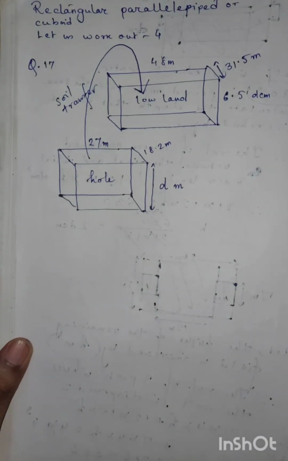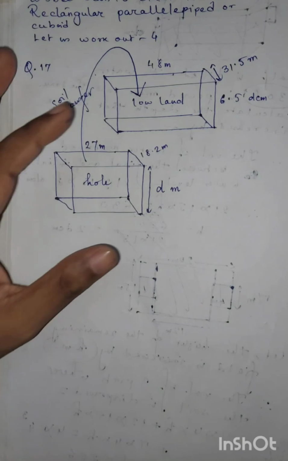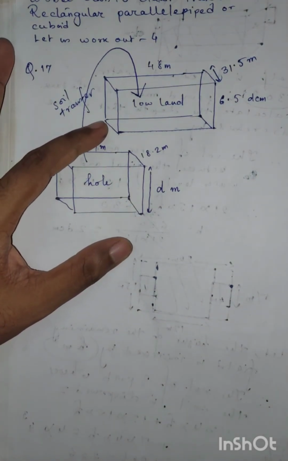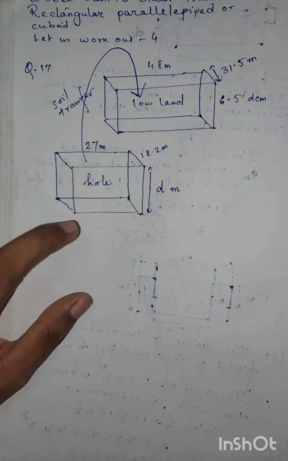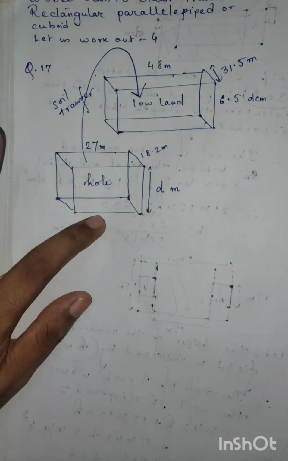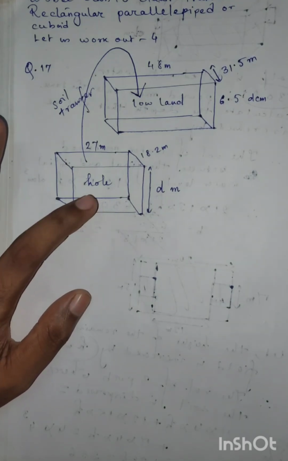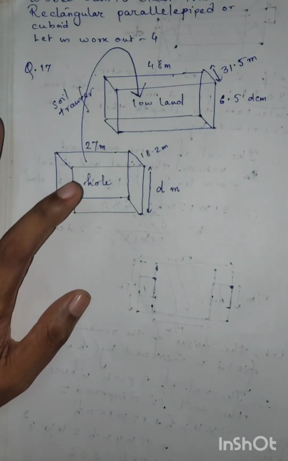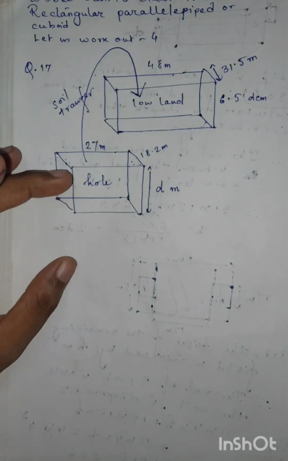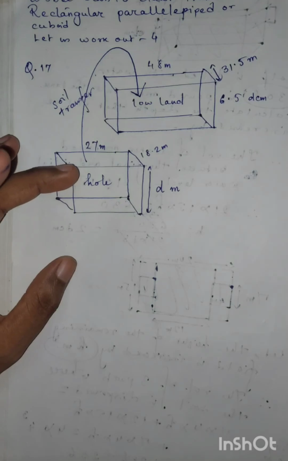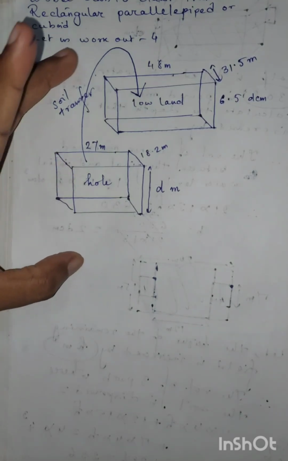So this is our diagram. This is our lowland and this is our hole. This hole is created to transfer the soil into the lowland.